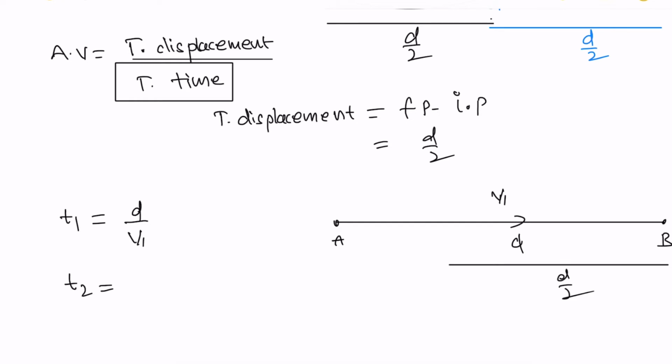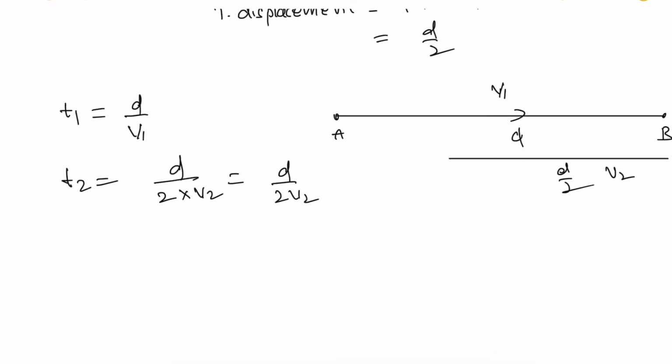So t2 is equal to distance, d by 2, by speed v2, so d by 2 v2. So what is the total time?